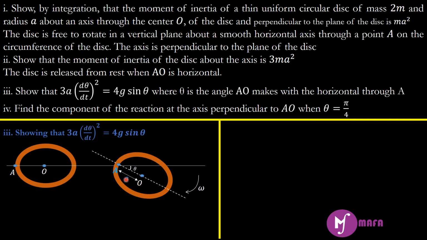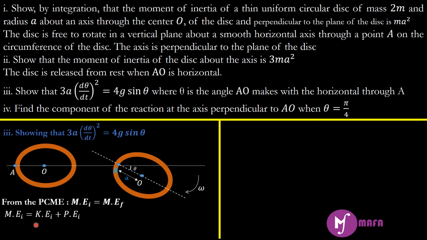It does not change. Now, to actually prove the equation of motion of the rotating body in the ensuing motion, we have to apply what we call the principle of conservation of mechanical energy. It says that the initial mechanical energy of the system is equal to the final mechanical energy of the system. Knowing fully well that the mechanical energy of the system is the sum of the kinetic and the potential energy of the system.